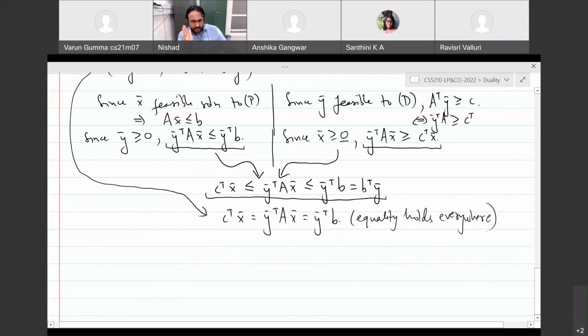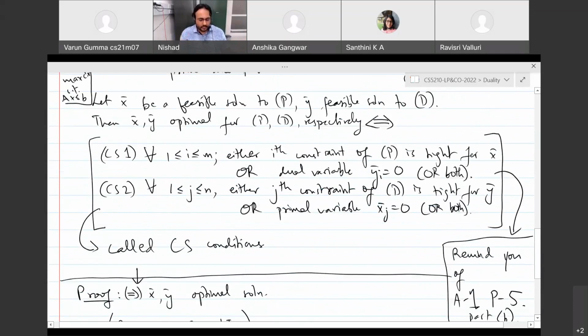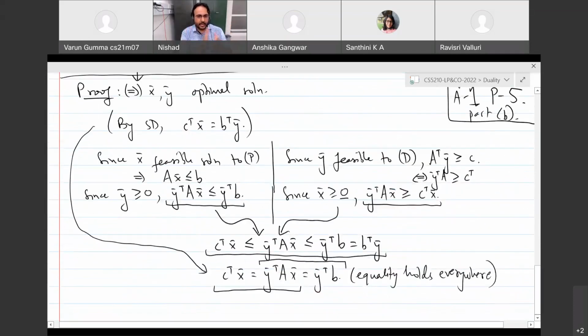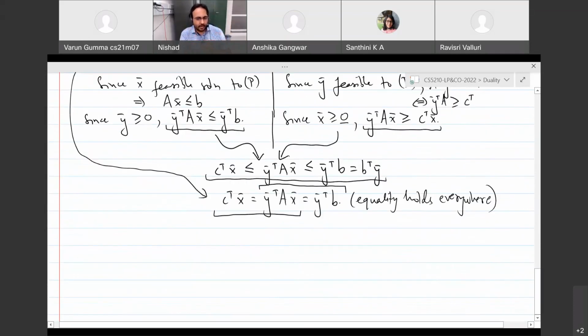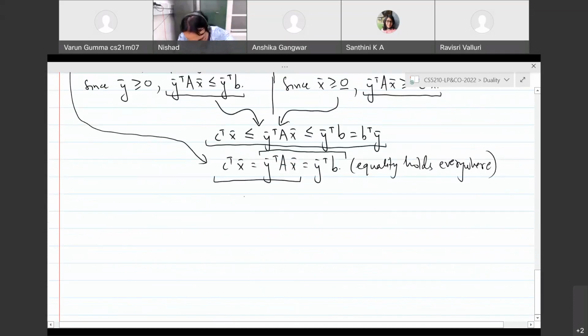All right, so from here, we want to get to the complementary slackness conditions. We have two things here: the first equation and the second equation. And we want two conditions, CS1 and CS2. Each of these equations is going to give us one of the conditions. I'll do one of them for you, and you can do the other one by simply imitating that.